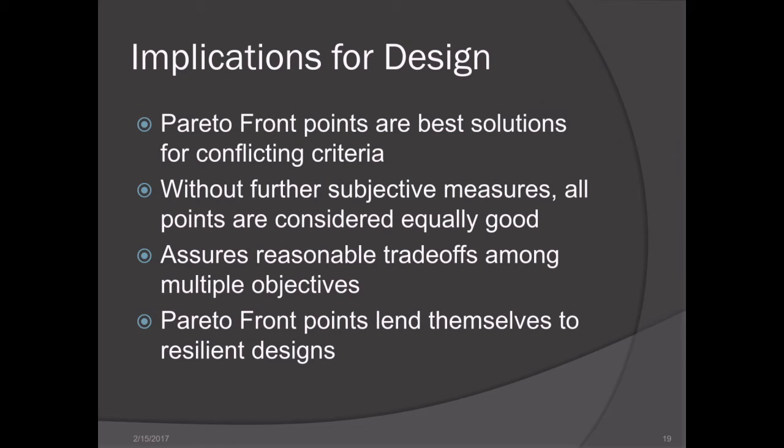So if you're interested in picking a design that's going to be resilient to change in the future, because objectives are always changing for systems, then you have your Pareto points, and you're assured that if you pick a Pareto point for a design, then for future designs, you're going to get good value for making changes to that. You're not going to end up with something totally unworkable if you pick a Pareto point.